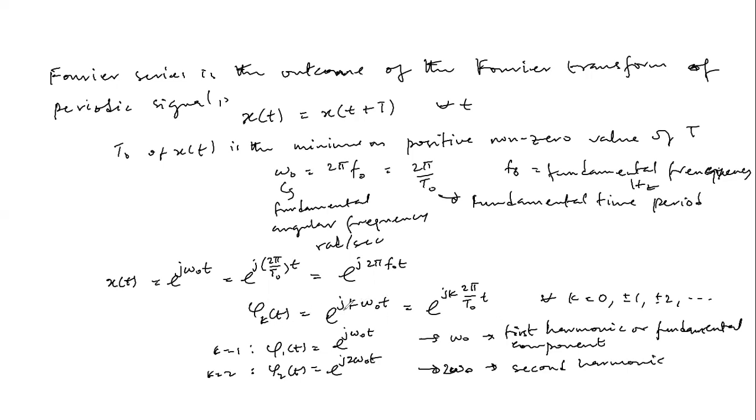And when k is 3, we have the third harmonic, the fourth harmonic, all the way to k equal to n, and then we have phi n of t, the same as e^j n omega naught t, where n omega naught is the nth harmonic.